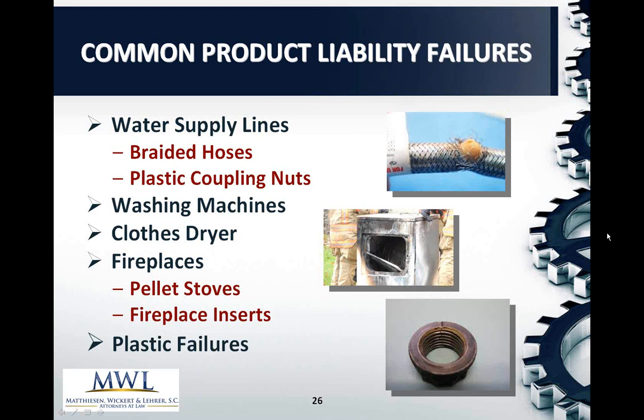Fireplaces, there are a couple of different ones, and we've been seeing a lot of pellet stoves lately that have started on fire, just due to the inherent use of the product. You have pellets that are being fed by an auger into a burn box, and a lot of times they're not meant to be the primary heating source of the home.